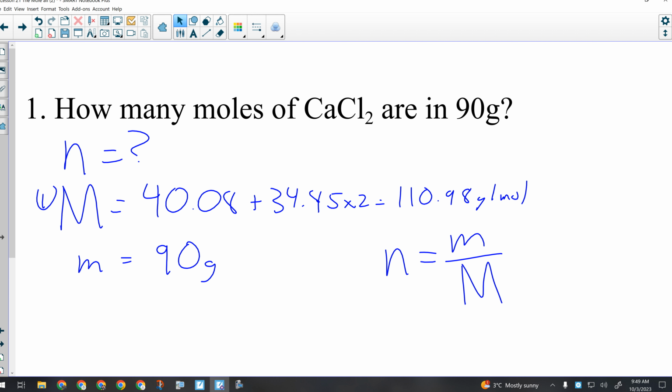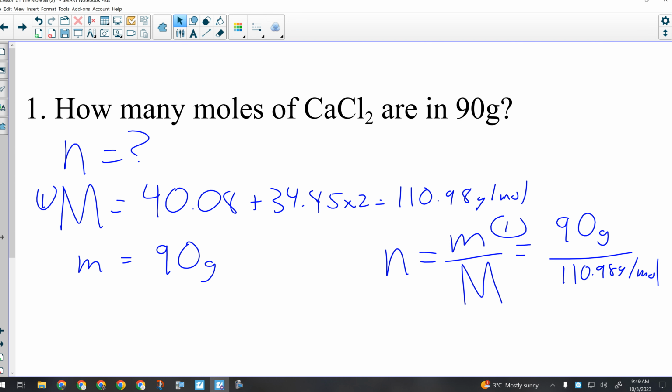Okay, do I have to manipulate it? No, it's already set up to do what I want. So all I have to do basically is plug in my numbers. 90 grams divided by 110.98 grams per mole. Right? So you get a mark for this step.